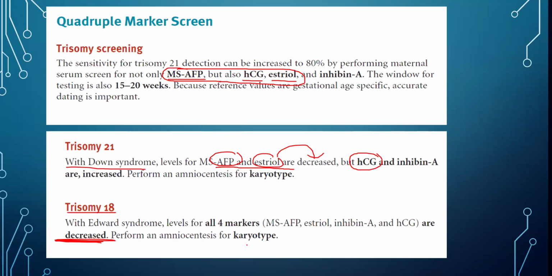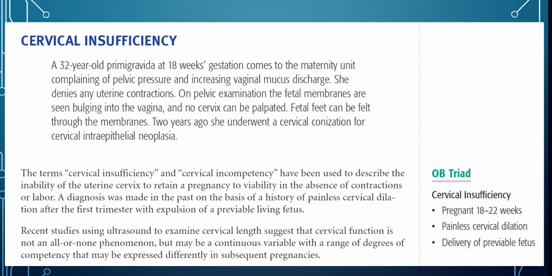Okay. So that's pretty much all about Down syndrome screening and first trimester screening. Any question? Down syndrome screening should be offered to every patient. It's not mandatory. So the patient can choose if they want to do it or not.